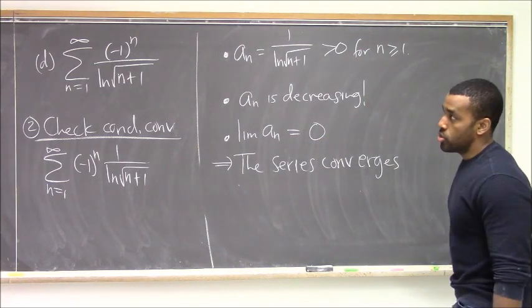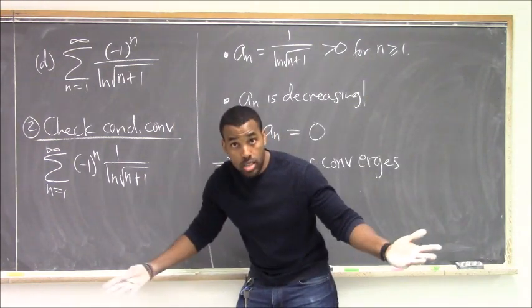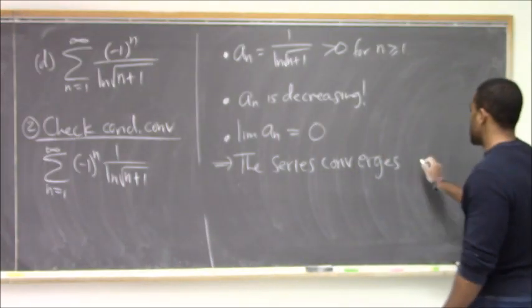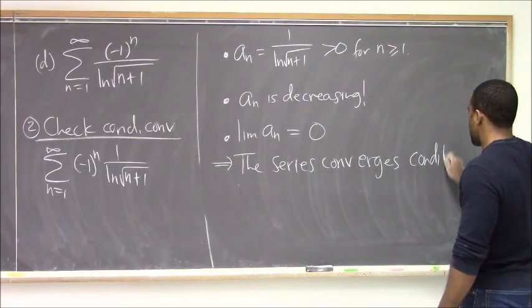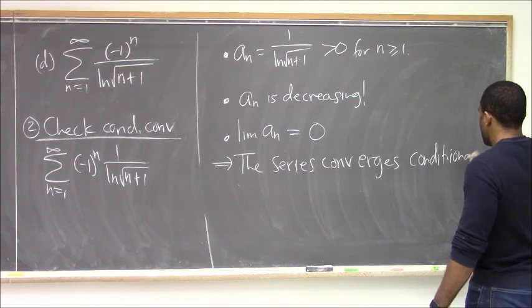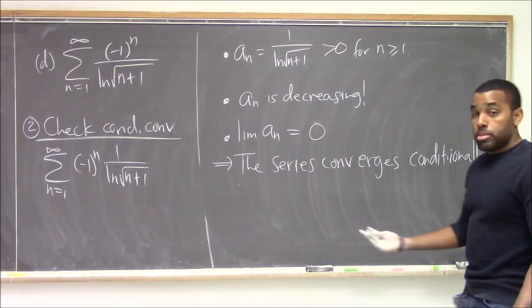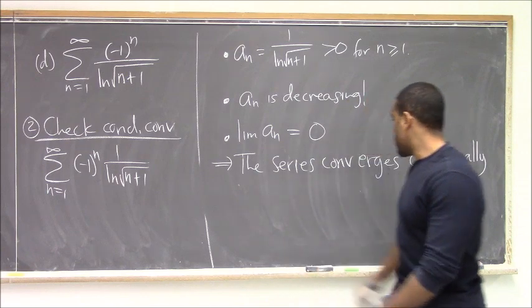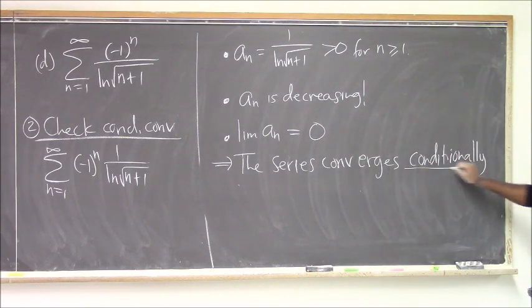But how does it converge? Remember, when we put absolute values around it, it didn't converge. So it converges conditionally. And we mentioned last time that the alternating series test does tell us about conditional convergence.